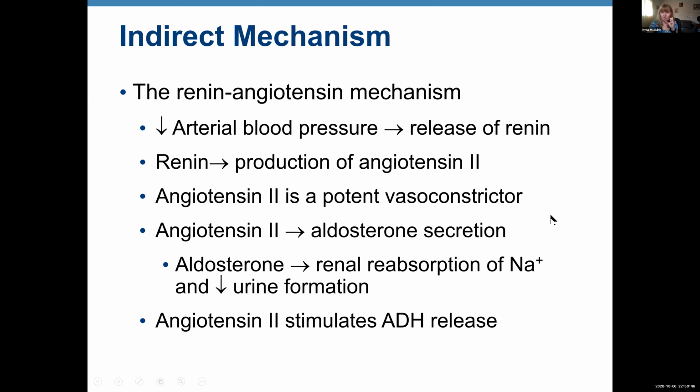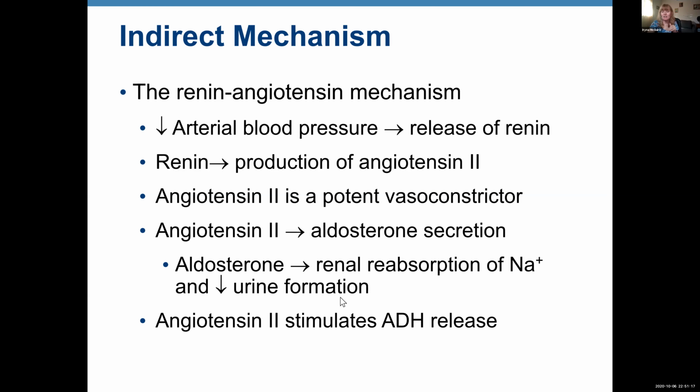Now, angiotensin 2 is a vasoconstrictor. So it's going to constrict blood vessels, increase the resistance, increase blood pressure. Also, angiotensin affects your adrenal gland, and the adrenal gland secretes aldosterone. Aldosterone is a mineralocorticoid, and it causes your kidneys to reabsorb more sodium. So you keep sodium in, and because you keep sodium in, you keep water in.